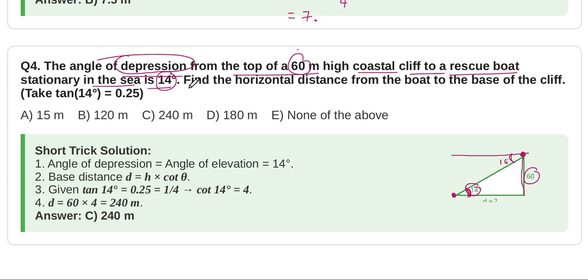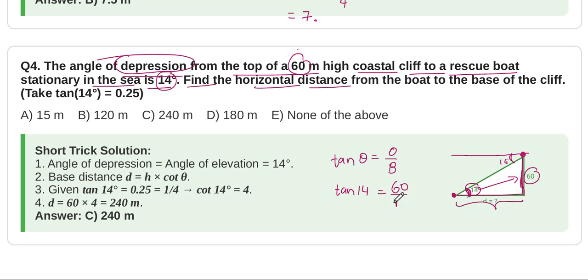Now what we have to find out is the horizontal distance. That means this distance, the base distance, we have to calculate. Height is given, we have to find the base distance. So let's apply the tan formula. Tan theta is given by opposite upon base. Theta is 14, so tan 14 is equal to opposite, which is the height, given to be 60, upon base.